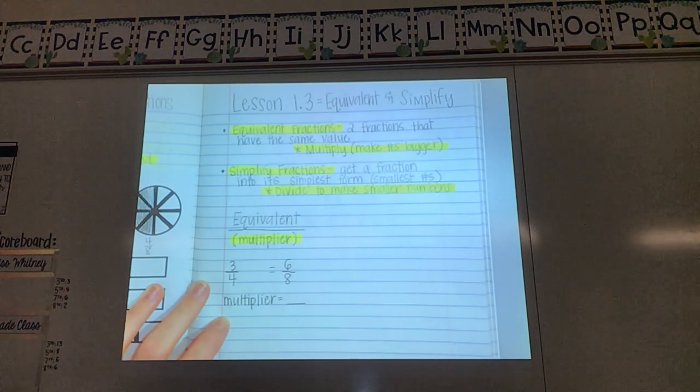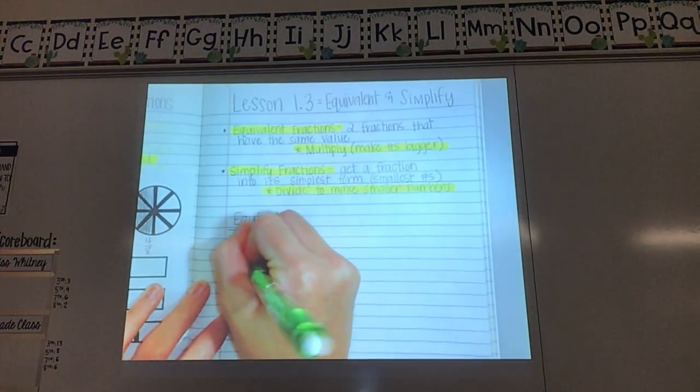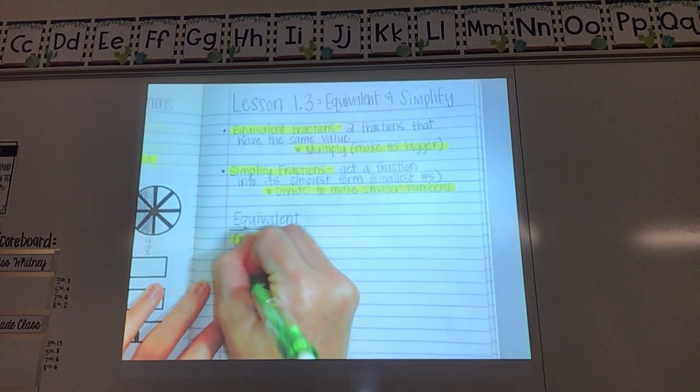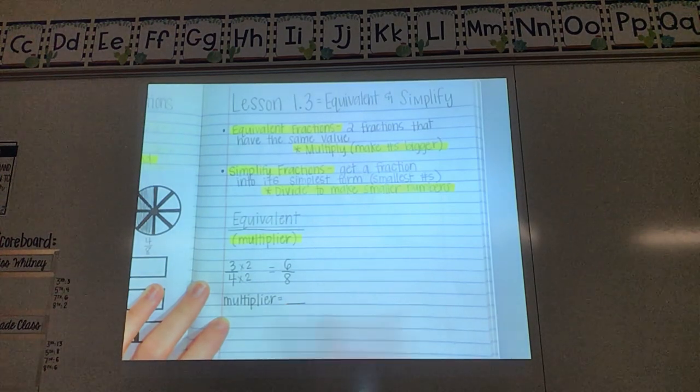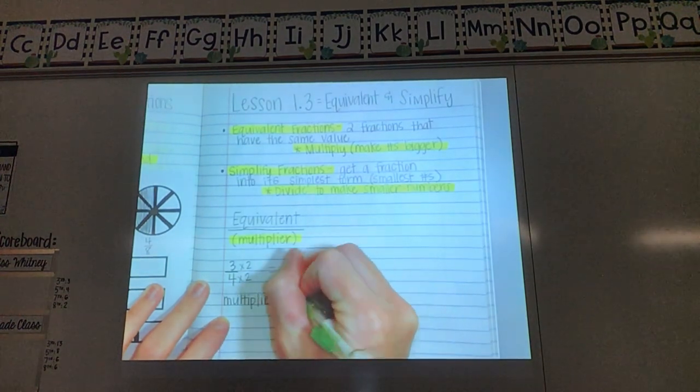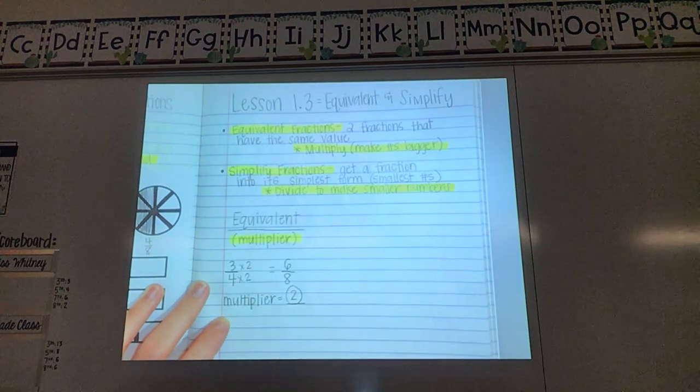So you're either thinking 3 times what gives me 6 or 4 times what gives me 8. Remember, we have to multiply by the same on the top and bottom. Hopefully you're thinking 2. If we do 3 times 2, that makes it a 6, and 4 times 2 makes it an 8. So our multiplier would be 2, because that is what we multiplied by.